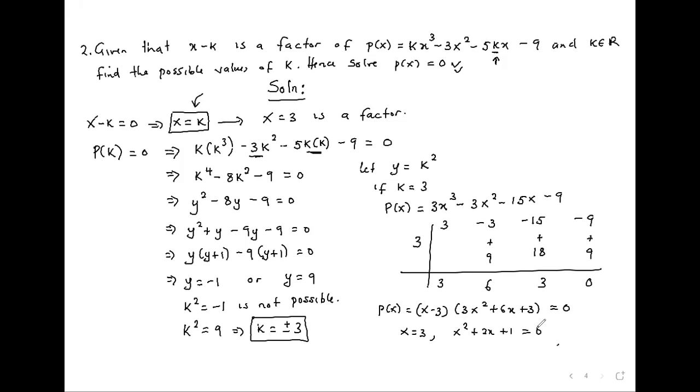This means that we get x plus 1 is 0, and the other x plus 1 is 0, so that x is equal to negative 1. And x is equal to 3. These are the factors when you use k is equal to 3. You can as well use k is equal to negative 3. It will land you on something.